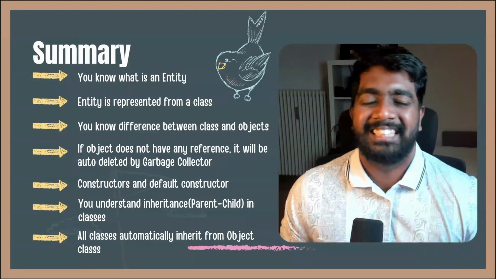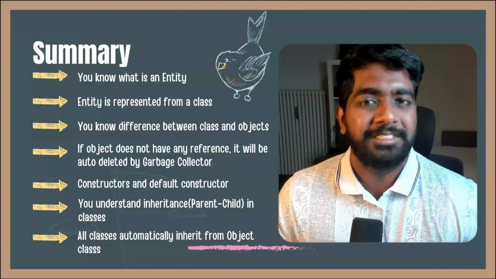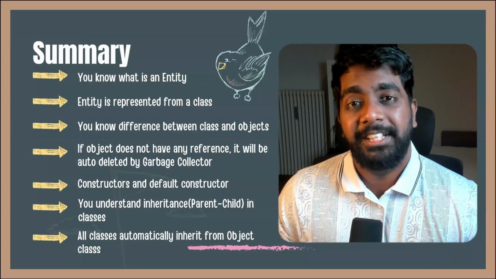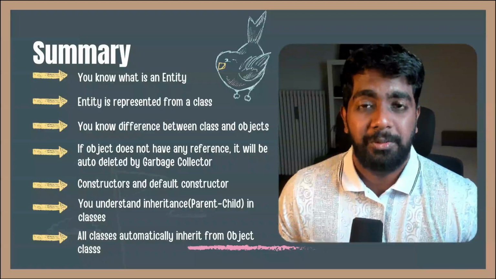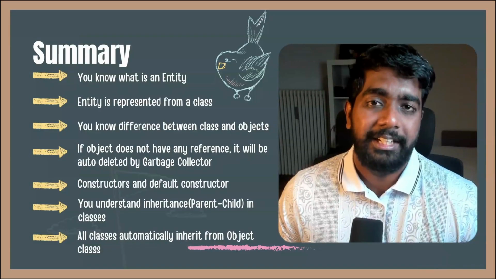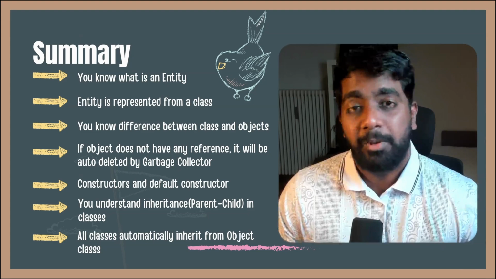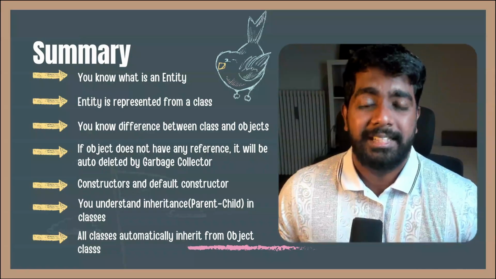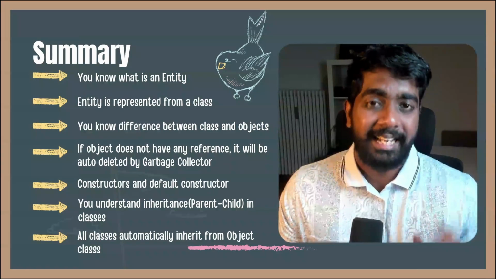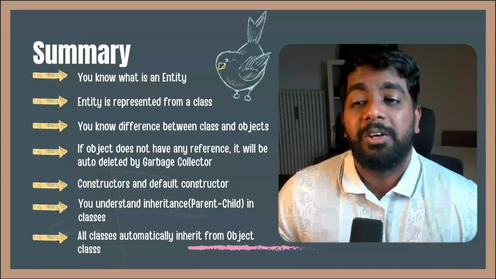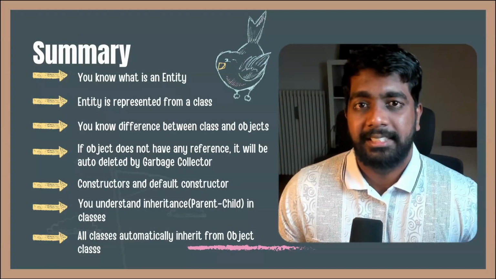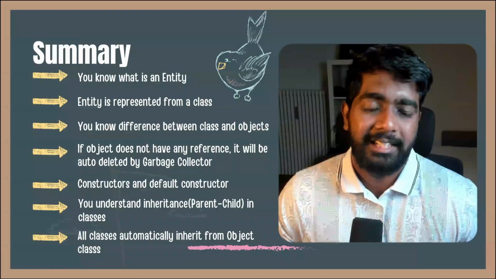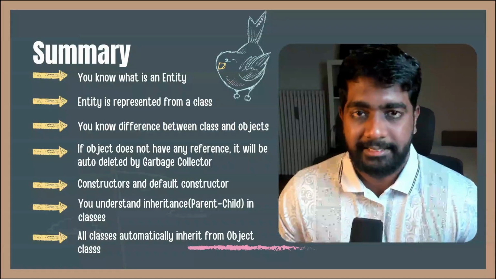Alright my dear students, as we have come to the end of this video, I want to summarize what we have learned together. In this video, we learned about entities in general programming. And we also know how to translate an entity into a class file in Java. More importantly, you understand the difference between a class and an object in Java. Also, I explained that if there is an object without any references, it will be deleted automatically by the garbage collector inside the JVM.